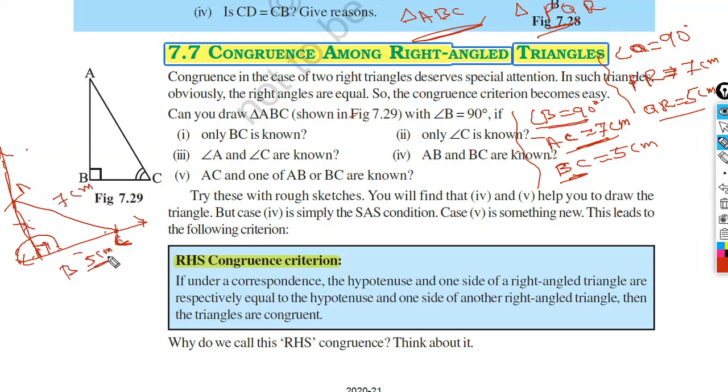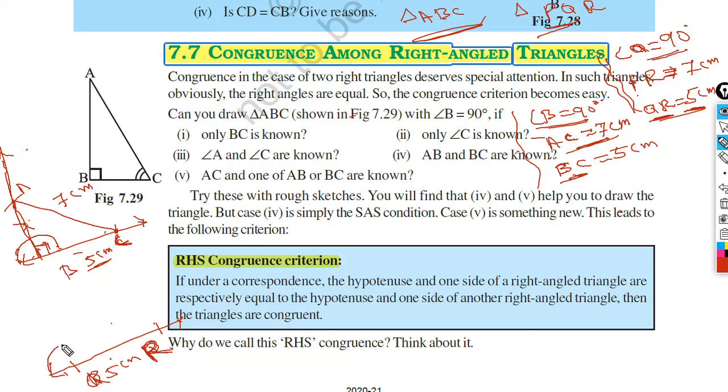Now we have to draw another triangle PQR. In the same way we will take a line, then we will take points Q and R, QR, not PQ. QR we have taken 5 cm. Here at point Q we have 90 degrees.